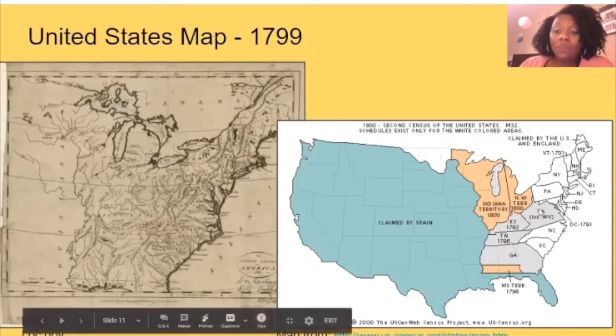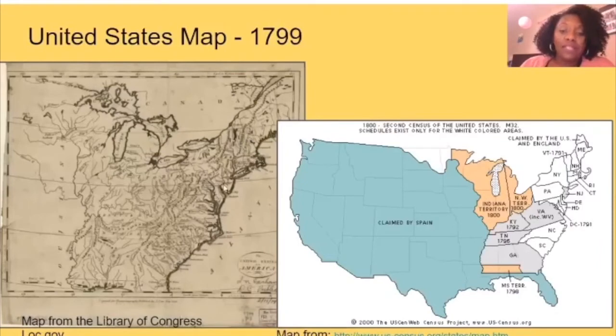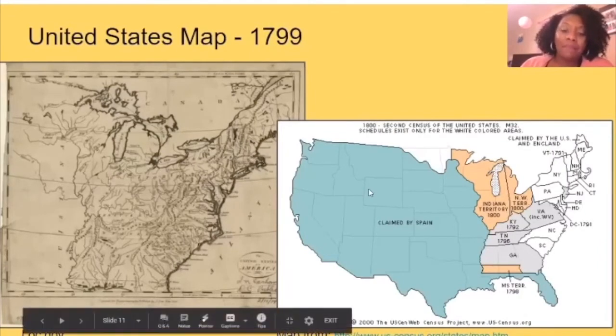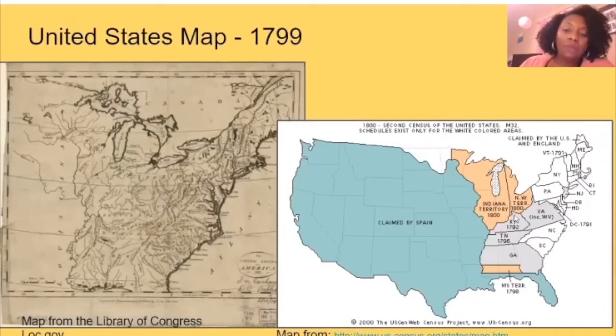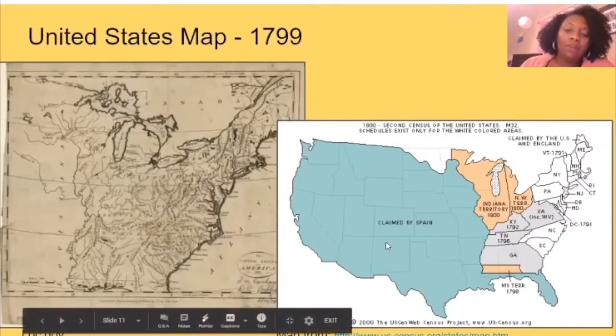So if you notice, we've gone from just being over here in the very eastern part of the United States to expanding now past the Appalachian Mountains. And the Appalachian Mountains would be about here and in this area. And we're now expanding to the middle part of the United States or into the plains. Not quite there yet, but we're expanding further and further.